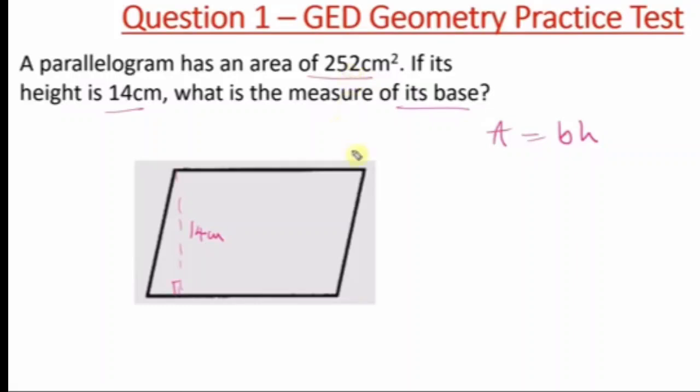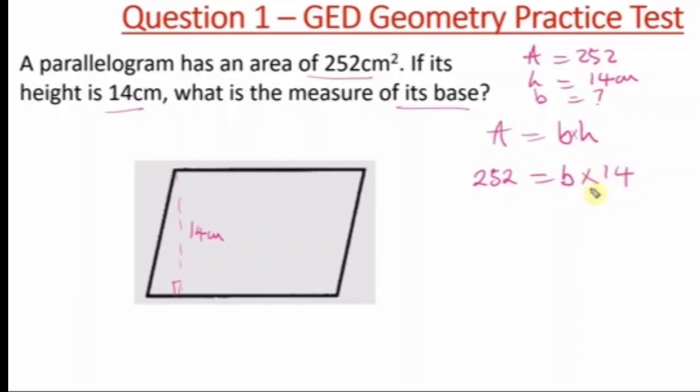And we've been given the area as this. So you put A is equal to 252, and our height, H, is equal to 14 centimeters. So let's substitute. We're looking for B, because B is unknown, times your H. B and H are bound by multiplication, times 14.